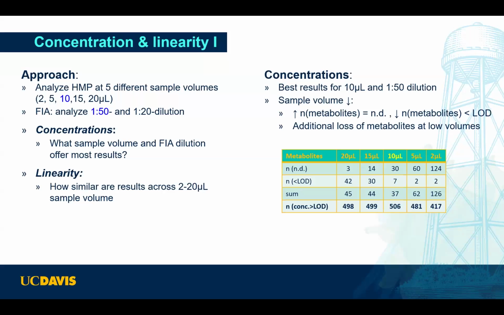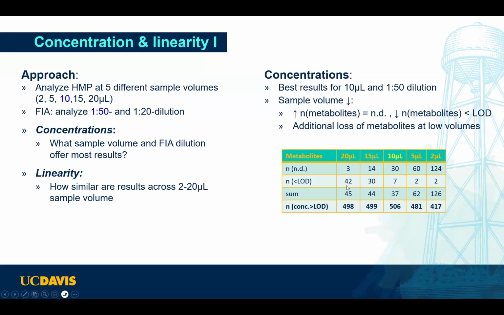And here in little tables, which I have throughout my talk for the validation, is a little bit of breakdown of how we ended up getting to the results. As you can see here, for the different sample volumes used, you can see the number of metabolites that were not detected. So at 2 microliters, we have 124 that were not in there.